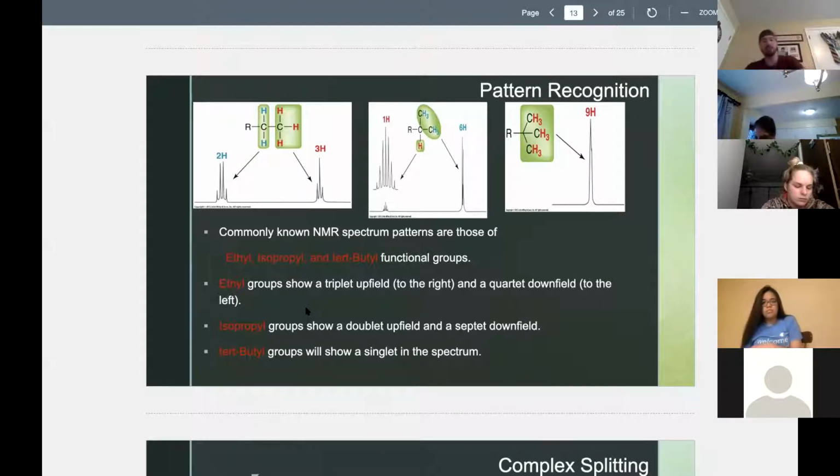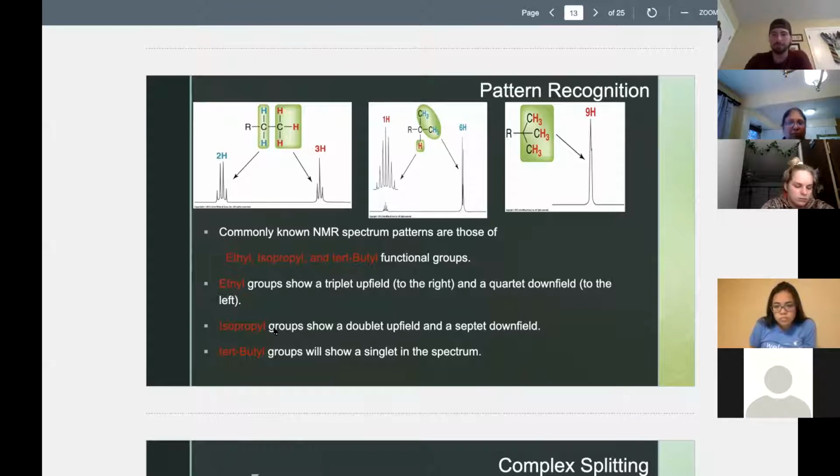This is because the methylene is affected by these 3 protons, which makes it a quartet, and the methyl group is affected by the 2 methylene protons, which makes it a triplet. That's what you'll see for an ethyl group.